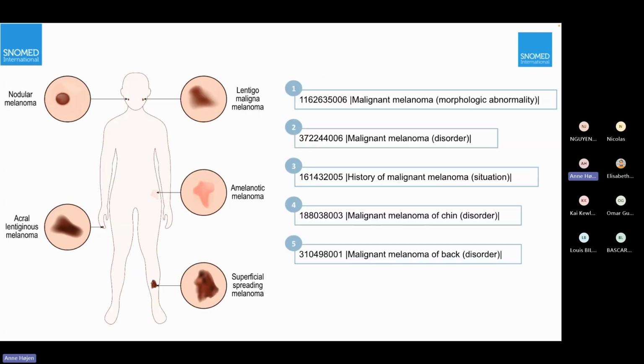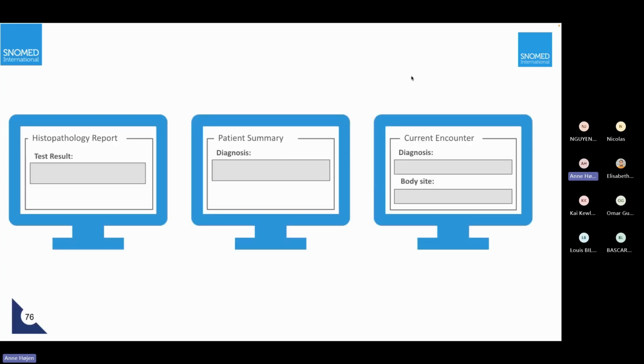Okay, so this example is about the recording of malignant melanoma. We have already looked at this in another context, but last time I just talked about what would be good to record in a current diagnosis of malignant melanoma, but how is it that you can actually apply some of the other types of malignant melanomas?